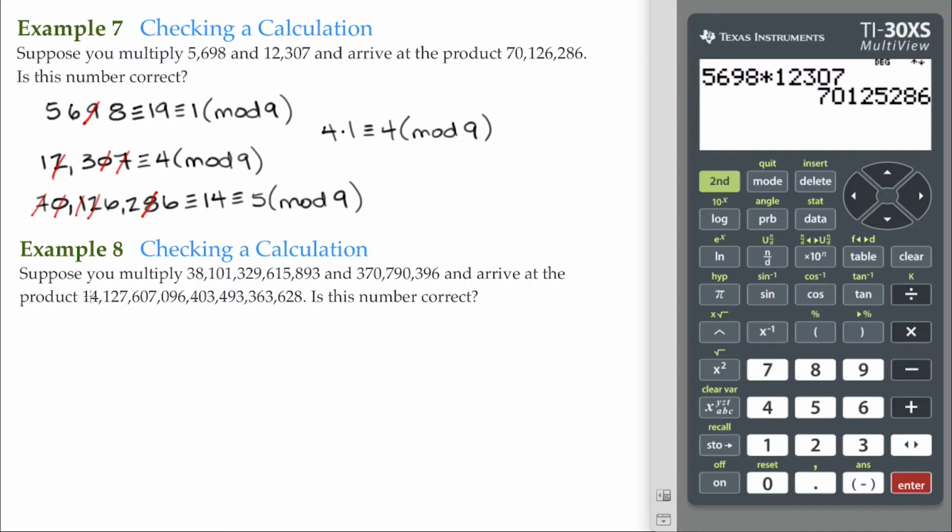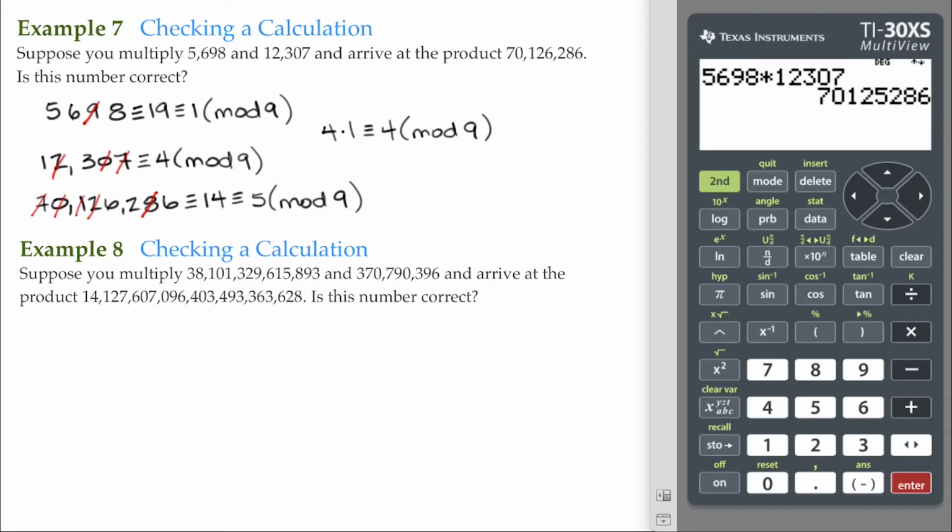But this one says, suppose you multiply 38,101,329,615,893 and 370,790,396 and arrive at the product 14 sextillion 127 quintillion 607 quadrillion 96 trillion 403 billion 493 million 363,628. Now that is a large number. Is this number correct?